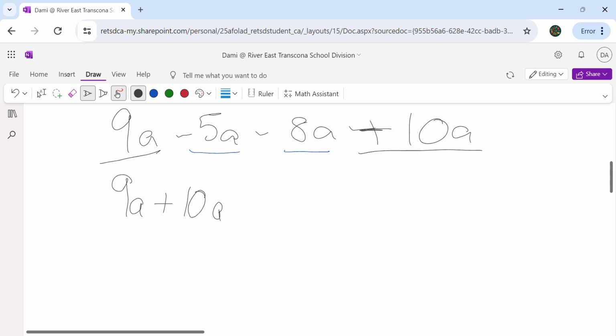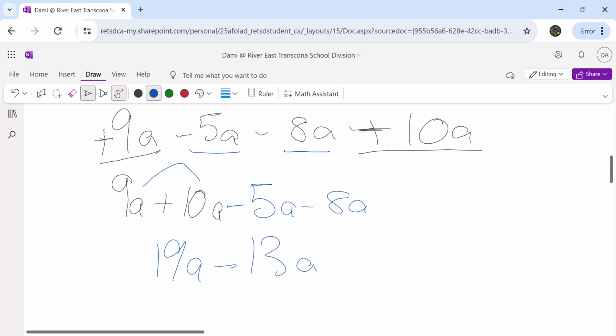Always imagine, if there's no sign here, there's a plus at the front, unless stated otherwise. Minus 5a minus 8a. Add this together, you get 19a. Add this together, because if you subtract two numbers one after the other, you add them together, you get 13a, and when you subtract 13 from 19, you get 6a.